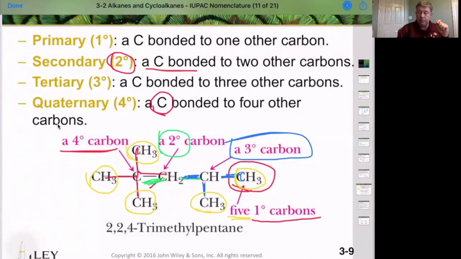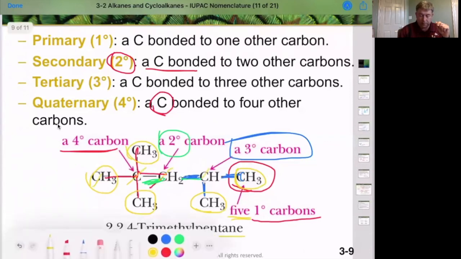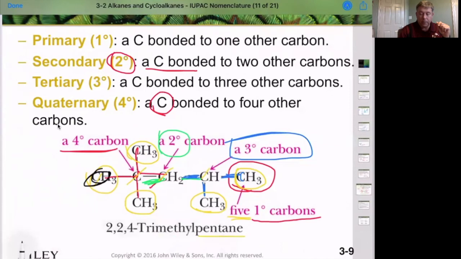Okay, so let's actually look at this name too. We have pentane, which means our longest chain is 5. Actually, let me do it in black here. We have 1 carbon, 2 carbons, 3 carbons, 4 carbons, and 5 carbons in our chain. We only have methyl groups here. And we can number it from this side or this side to get to the lowest number, because this would be on a 2 and this would be on a 2 as well.